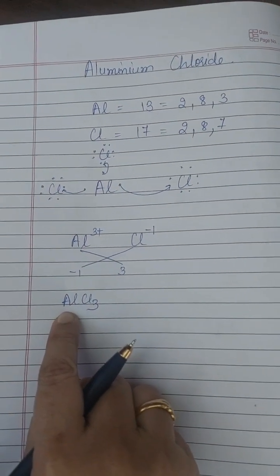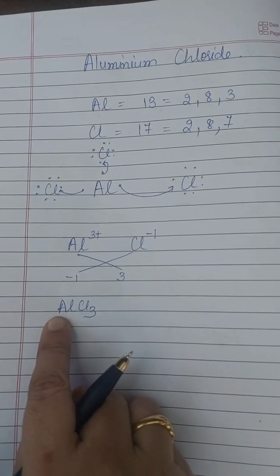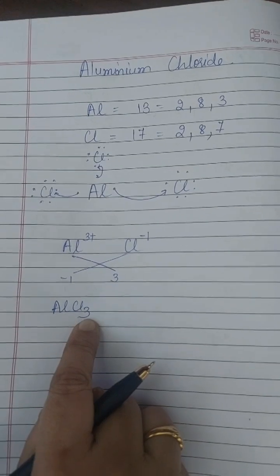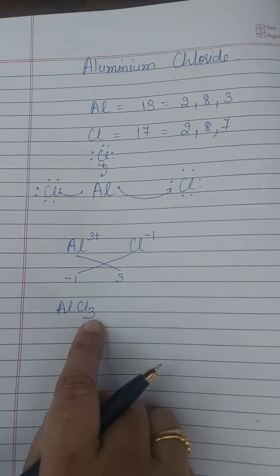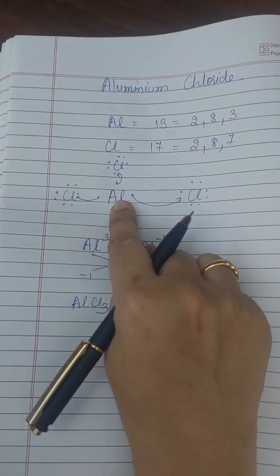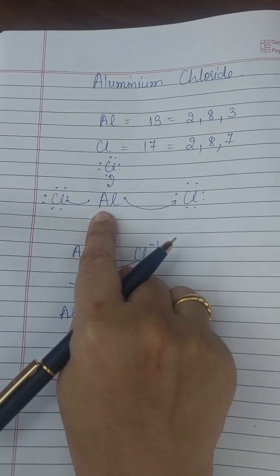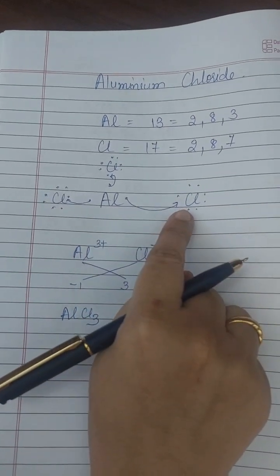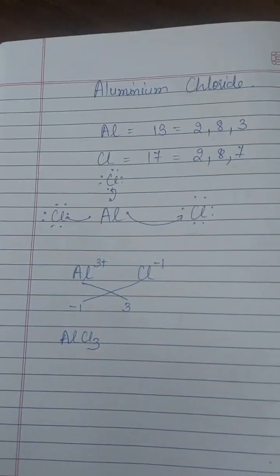This formula represents that 1 atom of aluminium requires 3 atoms of chlorine to attain stable configuration. Here is the example of how aluminium uses its 3 electrons to stabilize chlorine atoms. Thank you.